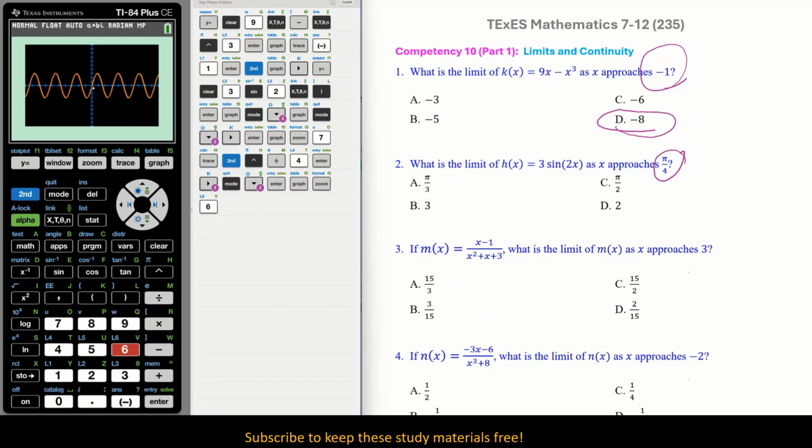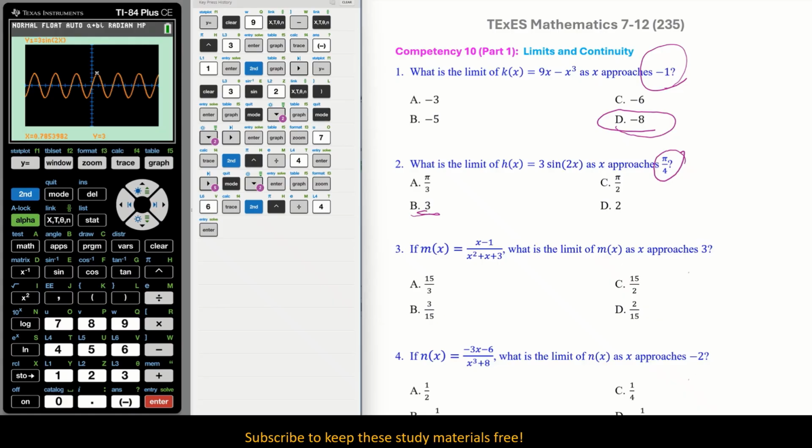So I'm thinking that we're looking at B. I'm going to push my trace and then second caret up, divide by 4. I'm going to push enter. There it is. Now see, that's not always a good idea.